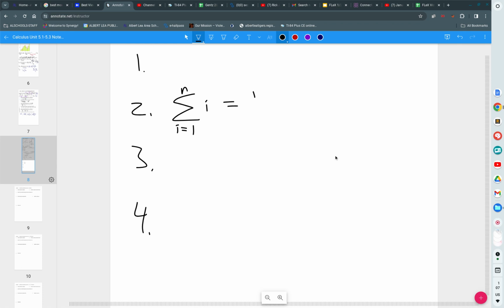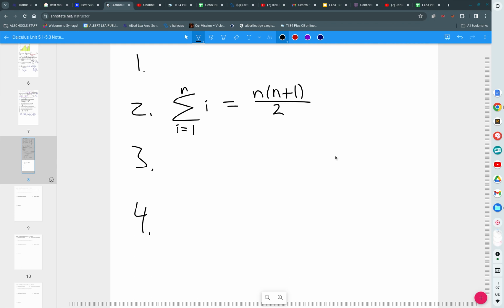It's going to be equal to n times (n plus 1) divided by 2. What does n stand for in this? However many terms you're adding up. So let's say you're adding up the numbers 1 through 50. We would take 50 times 51 and divide it by 2. This is just our starting point.